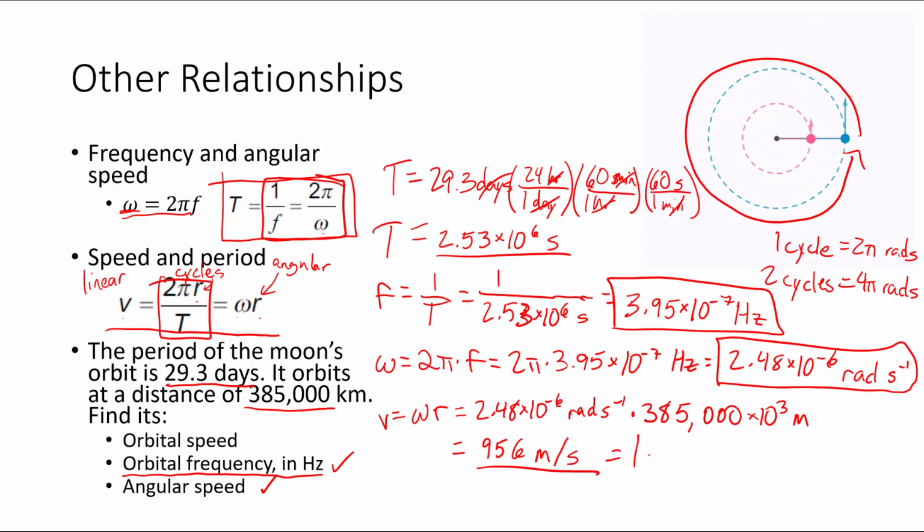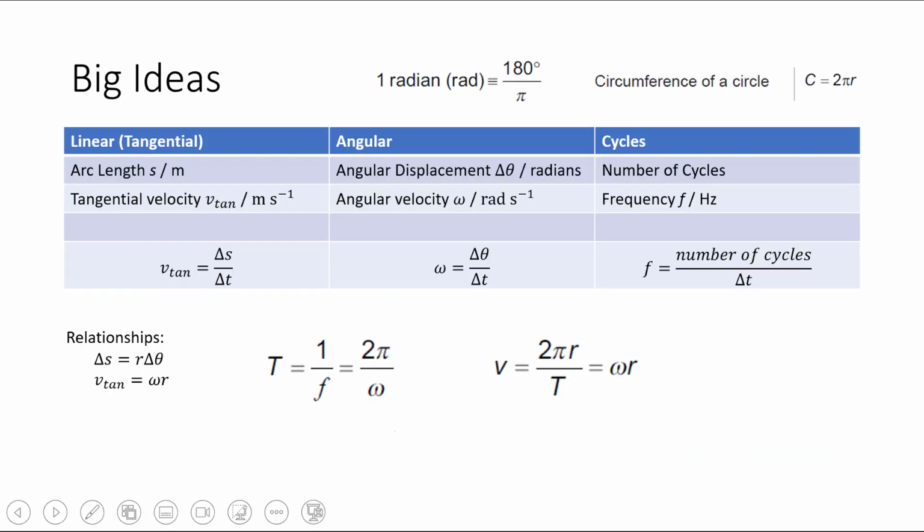So that's about 1 kilometer, actually let's just write it as kilometers per second, 0.956 kilometers each second. It's going pretty darn quickly. Even though the angular speed is very, very small, the radius is large enough that the linear speed can be quite large. So that's that.